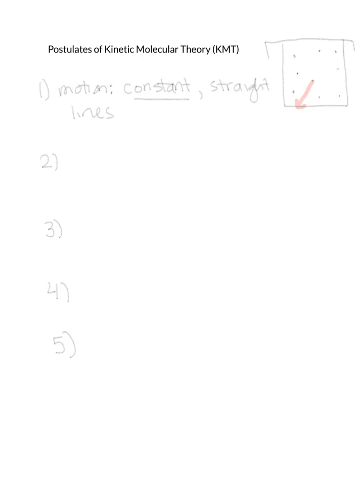That could be a wall, like I've drawn with my red arrow. It could be another gas particle, like I've drawn with my blue arrow. But the idea is it moves in a straight line until it hits something, at which point it changes direction randomly until it hits something again, and then it keeps going. Constant straight line motion. The only thing that changes, right?